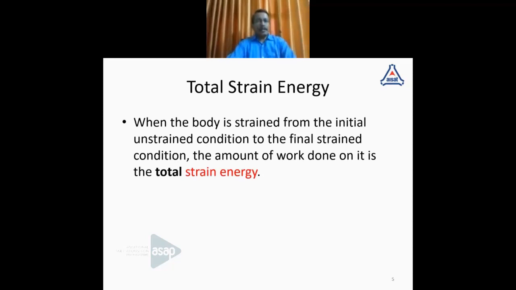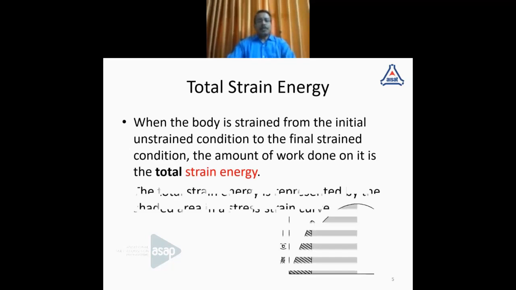That means the deformation is recoverable or temporary deformation. And after that limit, the deformation is permanent. It cannot be recovered. The deformation is done to the body on a permanent basis. That deformation is called plastic deformation. And the total strain energy consists of both these.